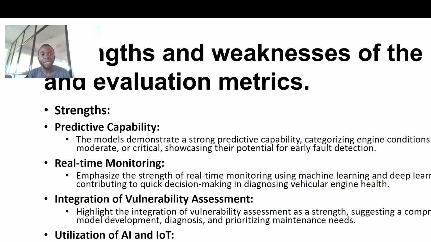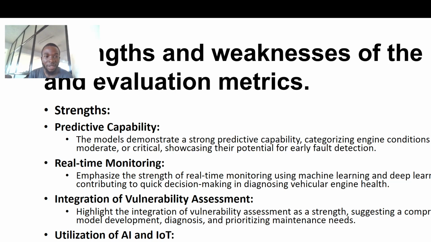So the strengths and the weaknesses of the model and evaluation metrics. Let us first look at the strengths. Predictive capabilities: the model was able to predict because it even reached an accuracy of 80.3%. So it has that predictive capability of predicting a faulty and a normal engine.